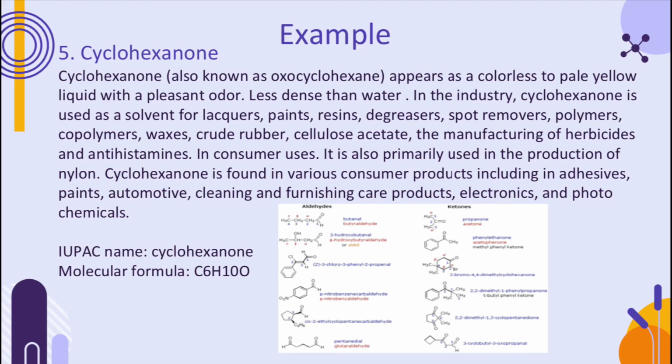In consumer uses, it is also primarily used in the production of nylon. Cyclohexanone is found in various consumer products, including adhesives, paints, automotive, cleaning, and furnishing care products.